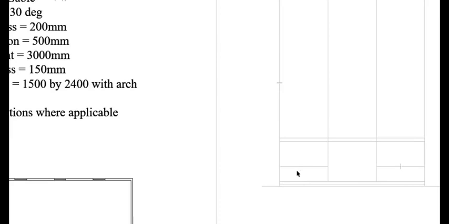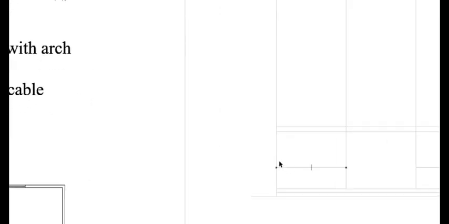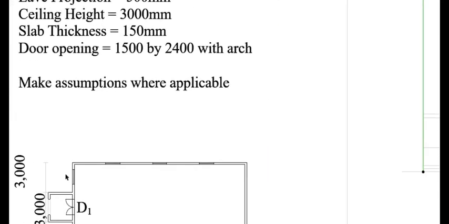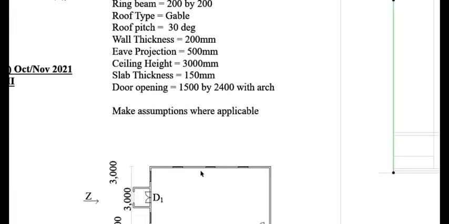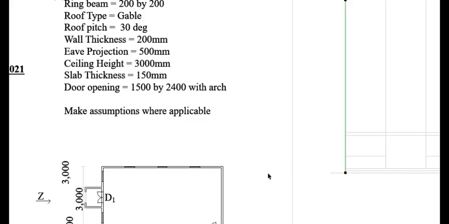The other thing we are going to need is the windows themselves. Since you are not given the distance from the wall to where the window starts, we are going to assume that it's at the center. So we'll take 3000 minus 1500, then divide by 2 to get 750, and draw that on this side.